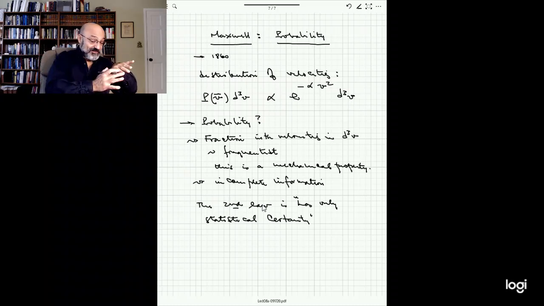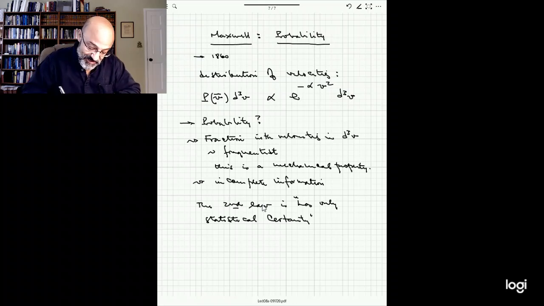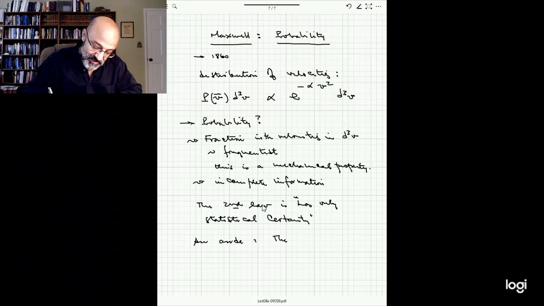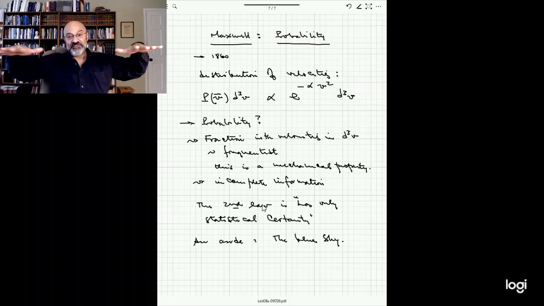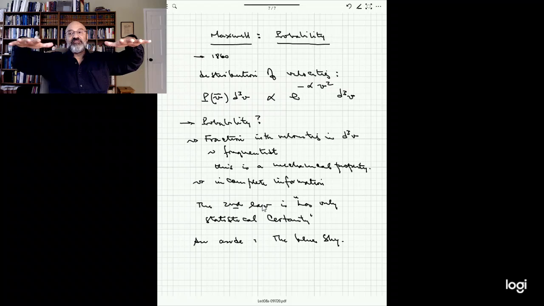Side remark. If you want to see violations of the second law, they need not be very, very unlikely. Just open the window, look out, the sky is blue. The situation of maximum entropy, the entropy of the universe increases until you reach a maximum. The situation of maximum entropy is one in which the density of the air is completely uniform, right?